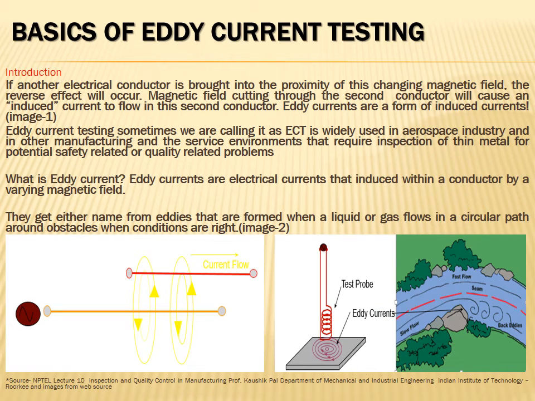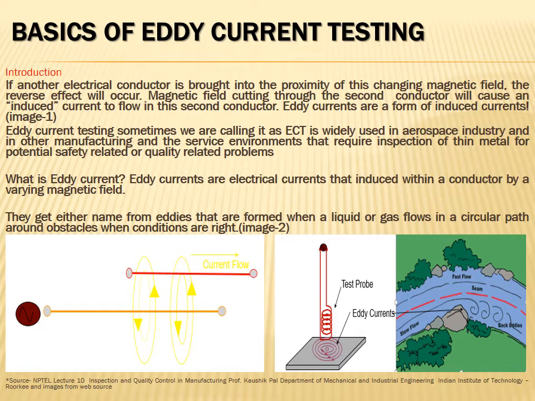So if another electrical conductor is brought into the proximity of this changing magnetic field, as we saw in the first image of that slide, the reverse effect will occur. The magnetic field cutting through the second conductor will cause an induced current to flow in this second conductor.